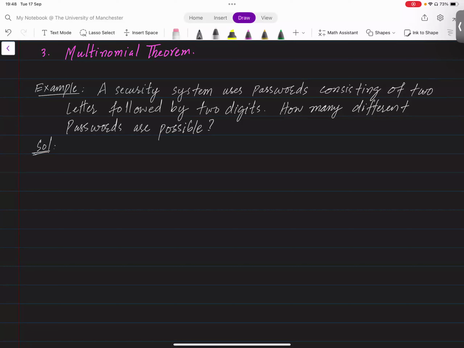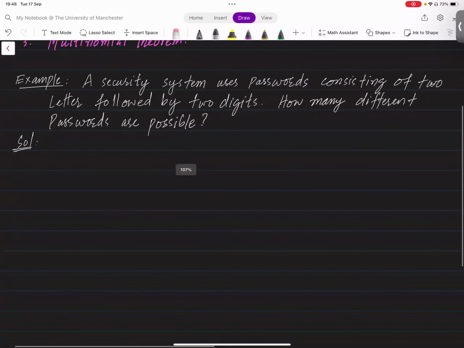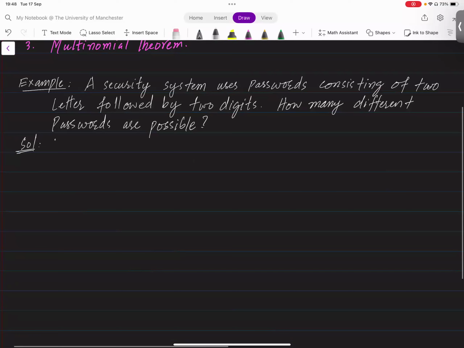the number of choices for each letter is 26. So for each letter, we have 26 choices.